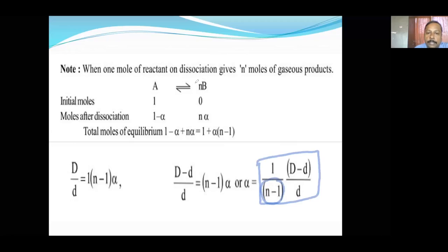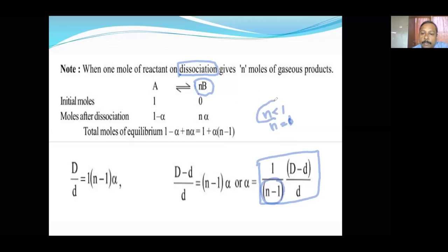N moles are dissociated means 1 mole of reactant is giving n moles of product. Okay, and in the previous batch, some student asked, sir, when n is less than 1, how can the degree of dissociation be negative? Anybody in this batch can answer? Degree of dissociation means one mole is dissociating into more moles.